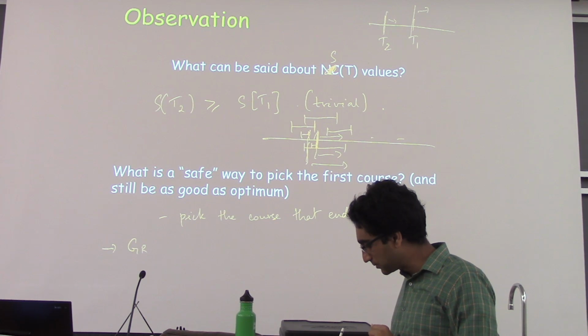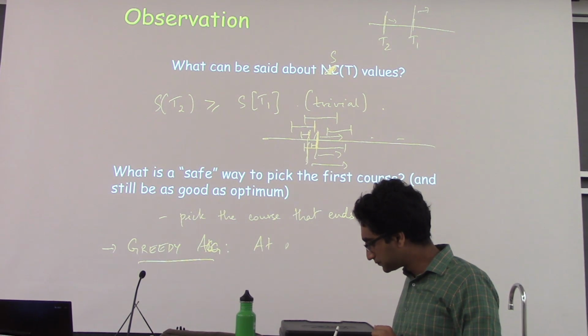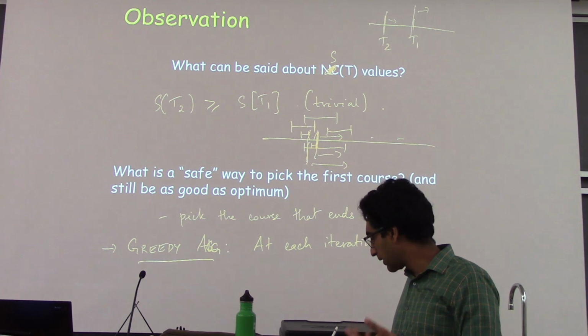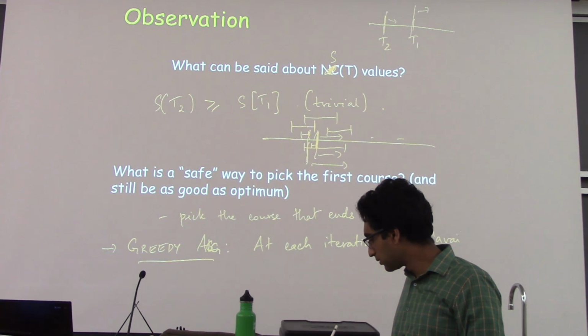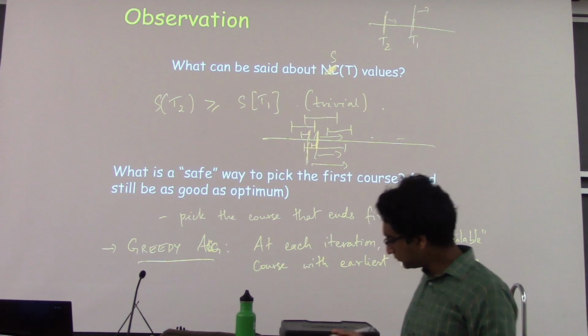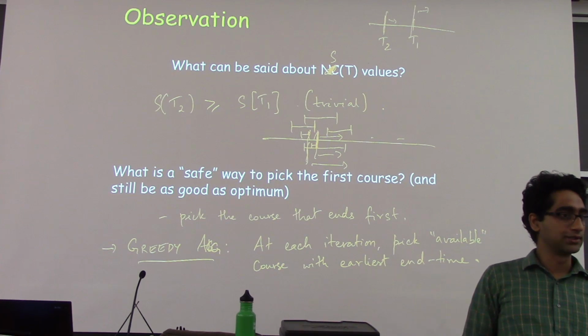And the greedy algorithm is, at each iteration, pick an available course with earliest end time. And this frees up time for you to potentially take more courses.